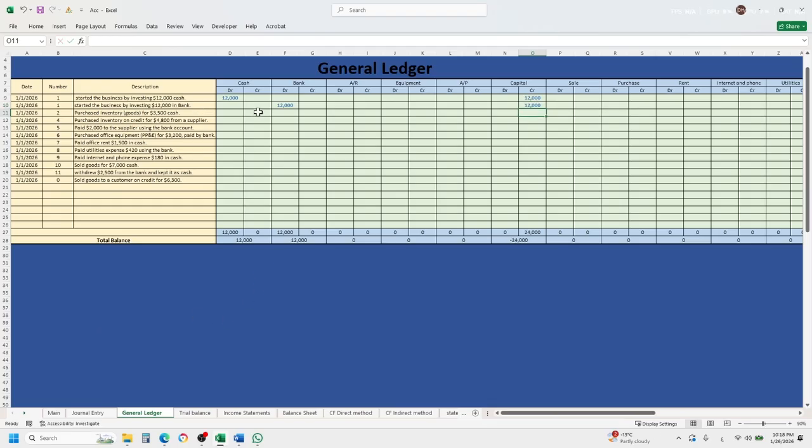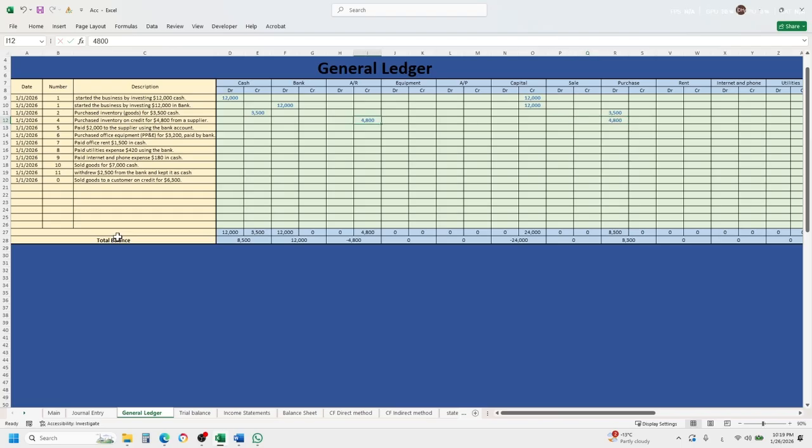As you can see here, we are just posting what we did before and we see the running balance here. The third one: purchase goods from cash, cash decrease and purchase increase. Purchase inventory for 4,800 on credit, account payable 4,800 and purchase 4,800.